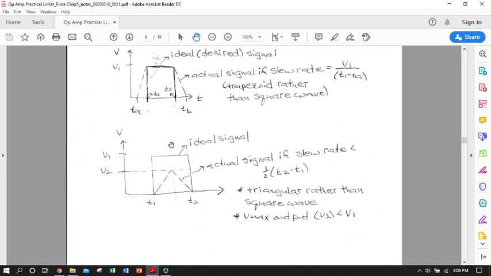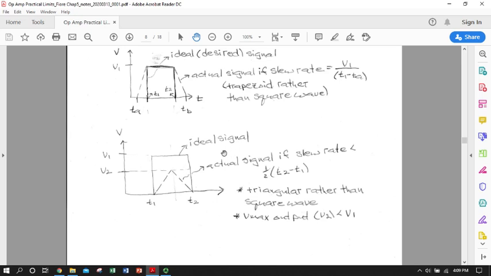So basically you can divide that rectangle in half and say you would end up having a slope that your op amp would have to achieve, or a slew rate your op amp would have to achieve, that's equal to V1 divided by a delta T that's equal to half of T2 minus T1. And if you did that, you would achieve a triangle that just touched. If you drop below that, you'll end up with some triangular waveform that's significantly less than what your closed loop gain would have otherwise given you.